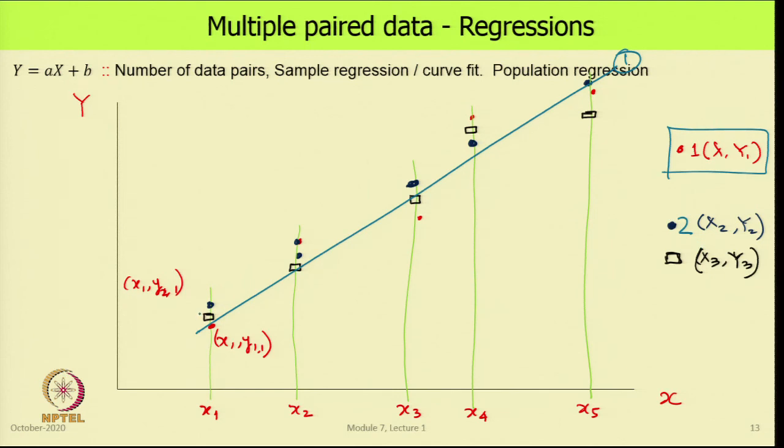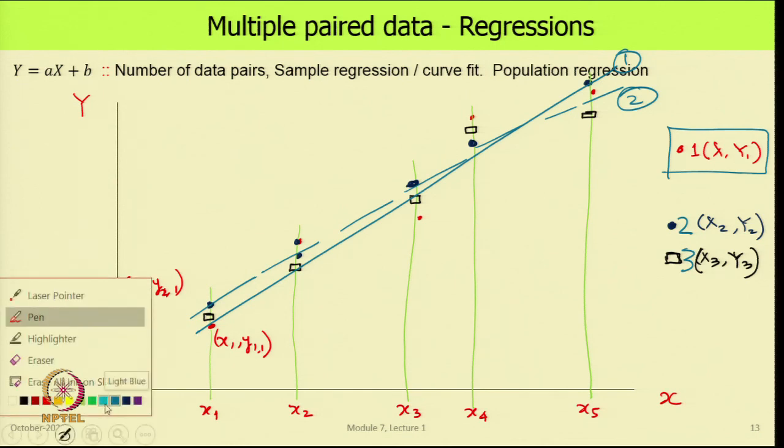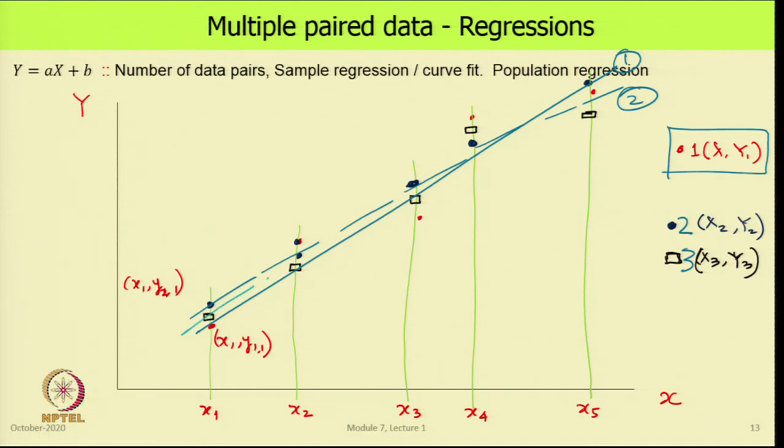And so, this person makes a regression and his regression comes say something like that. Third person says, this was my data set, I will make my own regression and so this person makes a regression which goes like this. This is regression number 3. And so, as many sets of such data are there, that many regressions are coming out.